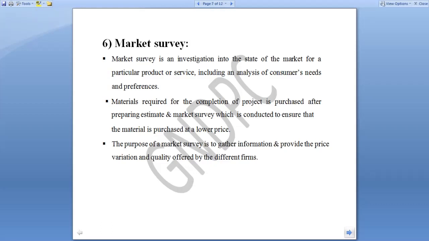Market survey actually ensures that the material is purchased at the lowest price and constitutes the best of quality. We are not compromising the quality for the price. The purpose of the market survey is to gather information and provide the price variations and the quality variations offered by the different firms.